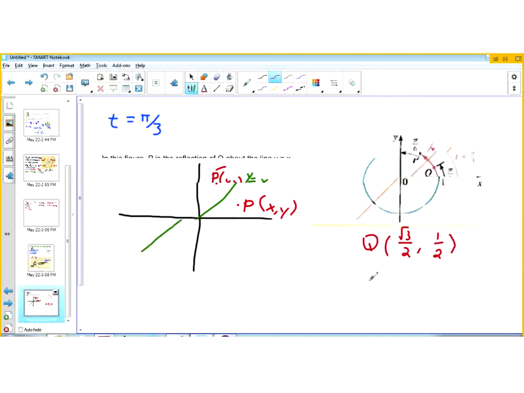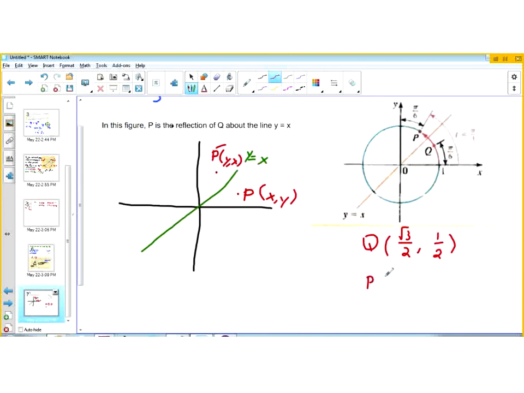So since P is the reflection of Q, the coordinates of P, you just interchange the abscissa and ordinate. And so that's your terminal point for t equals pi thirds. It's a little bit tricky to know that. So that's how it all fits together.